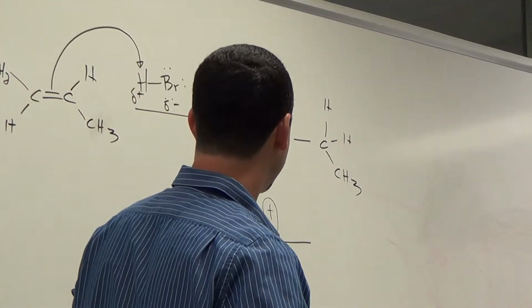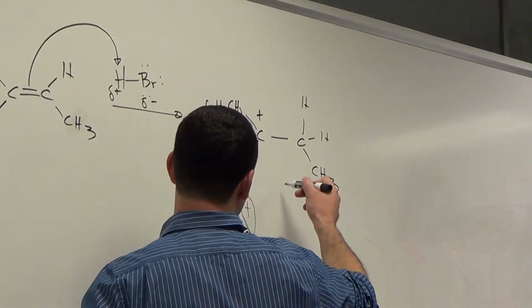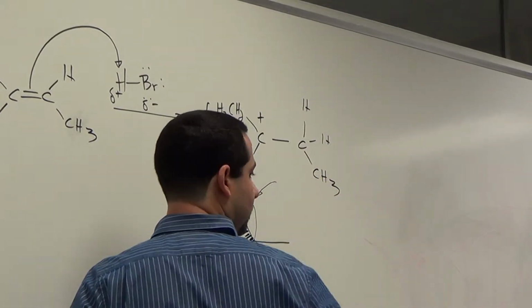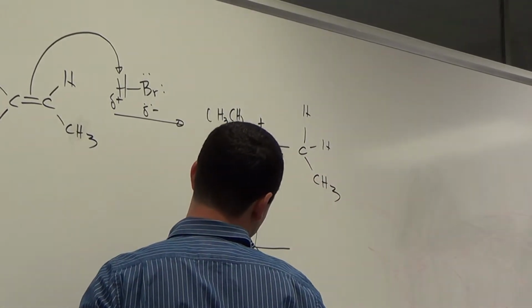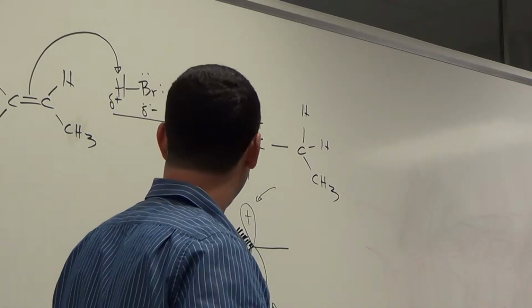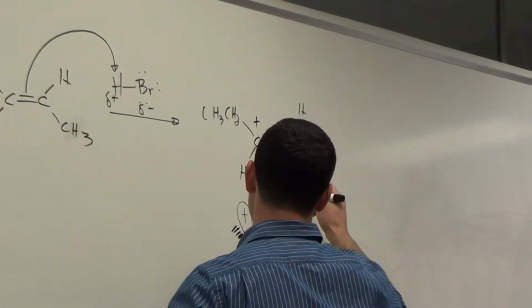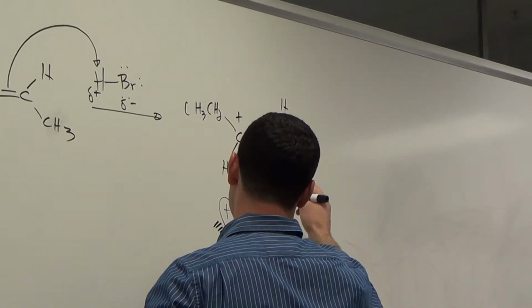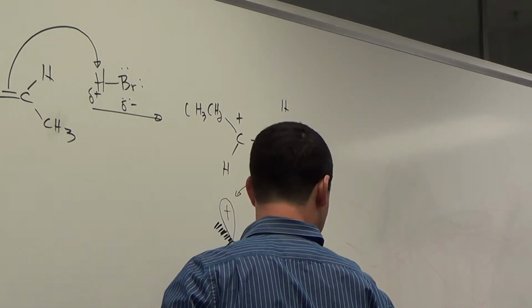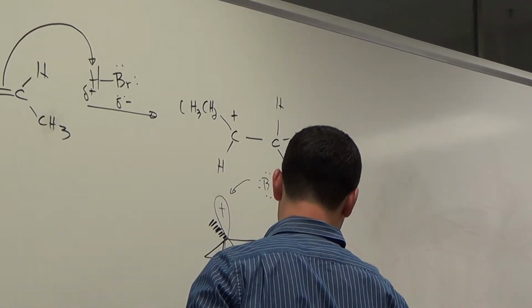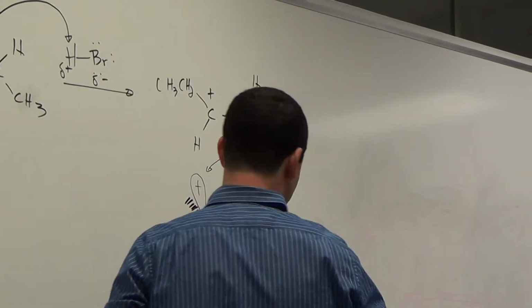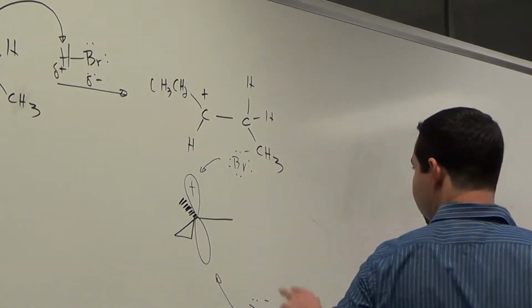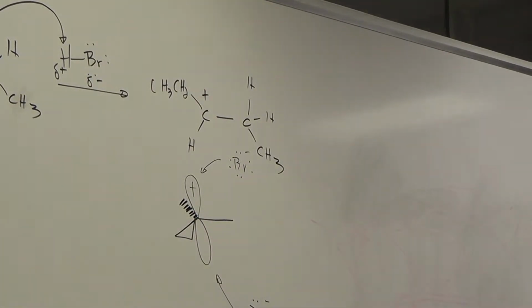But I didn't show you that the attack can be either from the top or from the bottom. I did show you that too, but I didn't tell you. So the Br can either attack there or attack through the bottom.